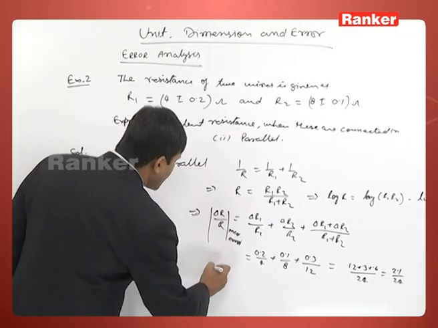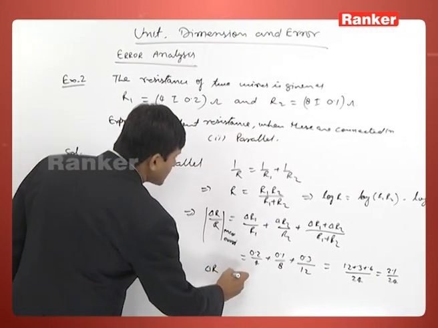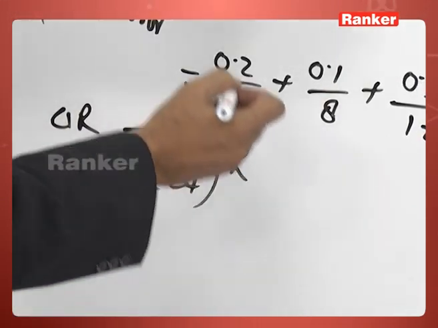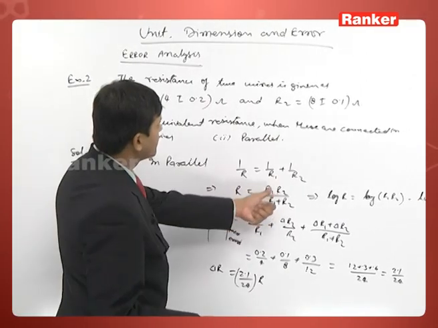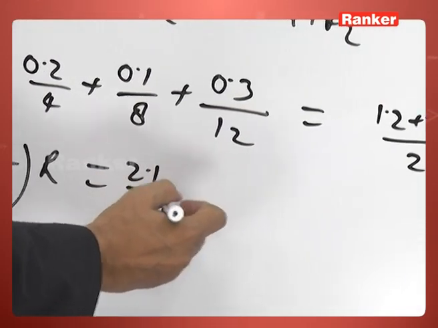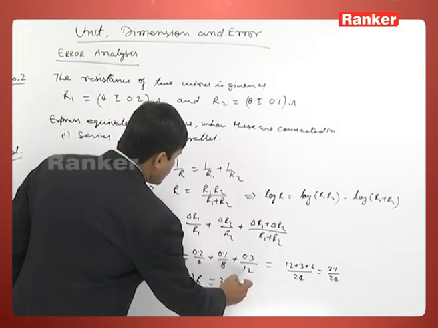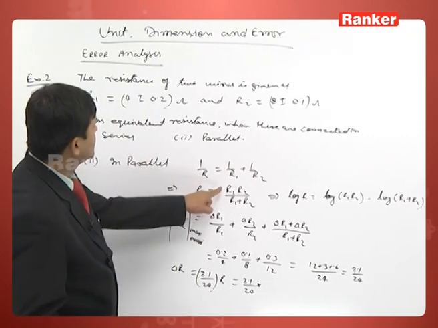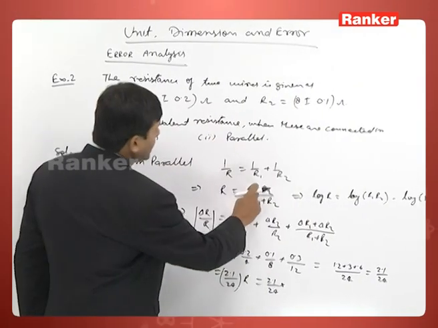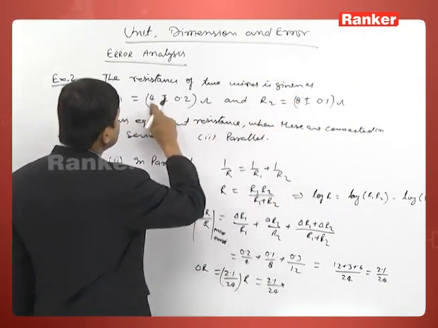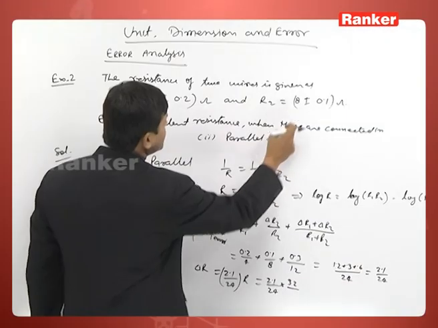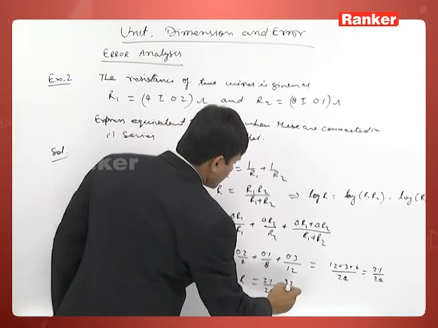So delta R by R is 2.1 by 24, so delta R is equal to 2.1 by 24 into R, and R means here R1 R2 by R1 plus R2. So 2.1 by 24 into R1 into R2, 4 into 8, 32, by R1 plus R2, 8 plus 4, 12.